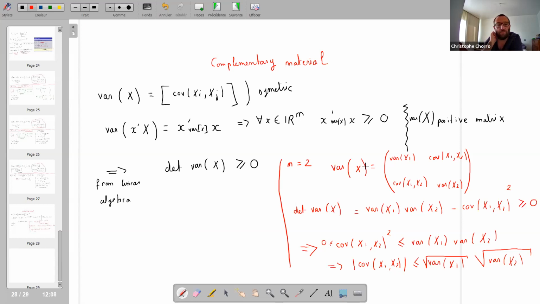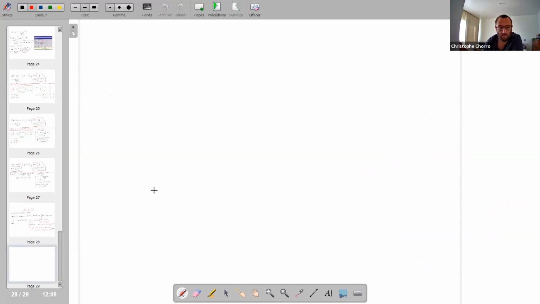So from the fact that the variance covariance matrix is a positive matrix, I obtain this inequality here. This inequality is in fact true for any x1, x2 in L2. So I just write here the inequality I have proved: the covariance between x1 and x2 is less than the square root of the variance of x1 times the square root of the variance of x2.